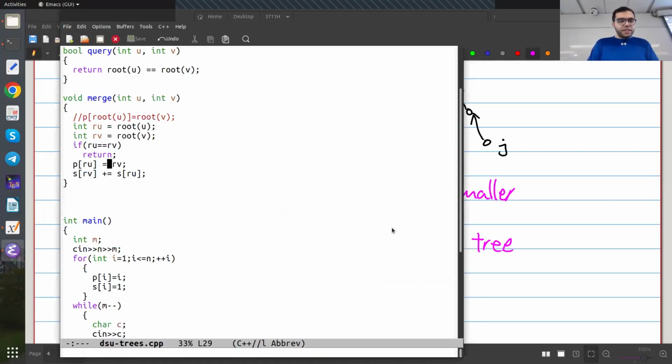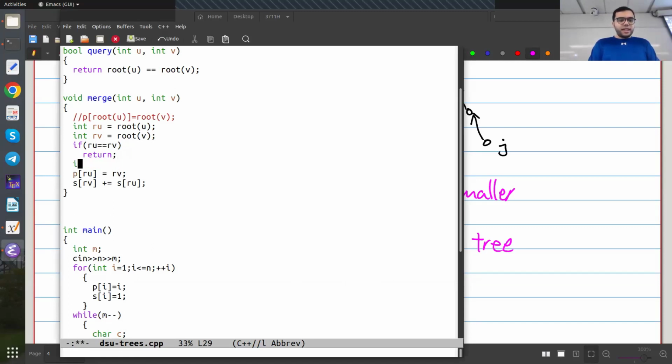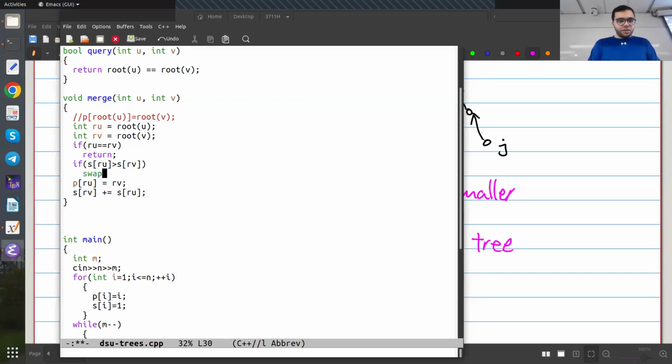So here I'm getting rid of RU. I'm merging RU into RV. So I say if the size of RU is larger than the size of RV, just swap them, so that I always know that RU is the root of the smaller tree. And I'm always merging the smaller tree into the larger tree.